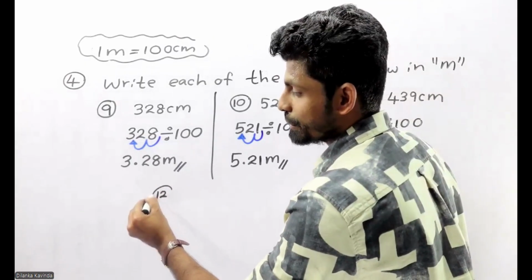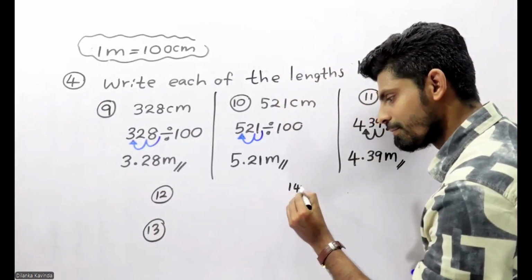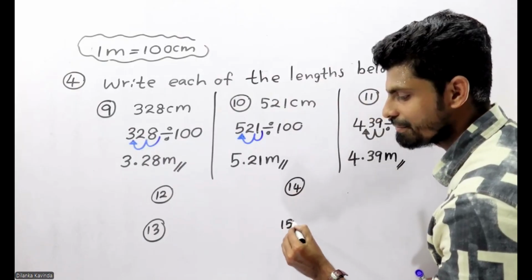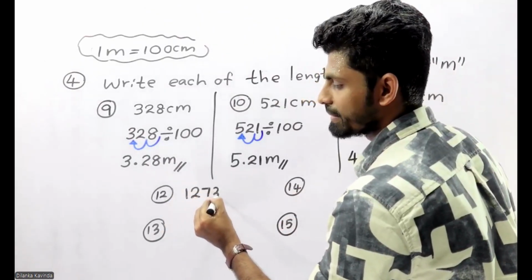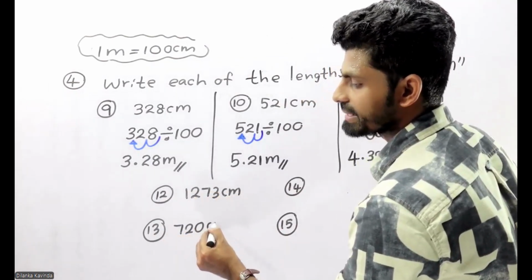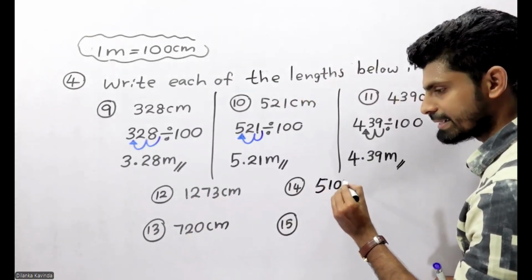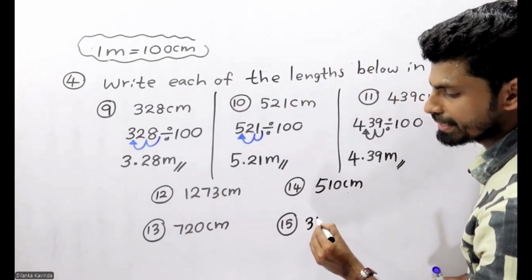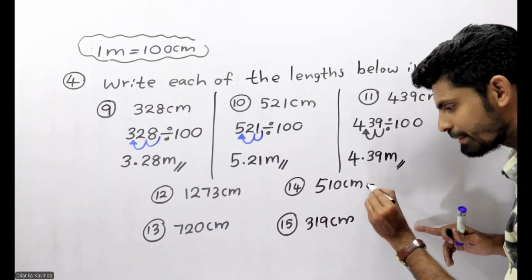Then your turn. 12, 13, 14, and 15: 1273 centimeters, 720 centimeters, 510 centimeters, 319 centimeters.